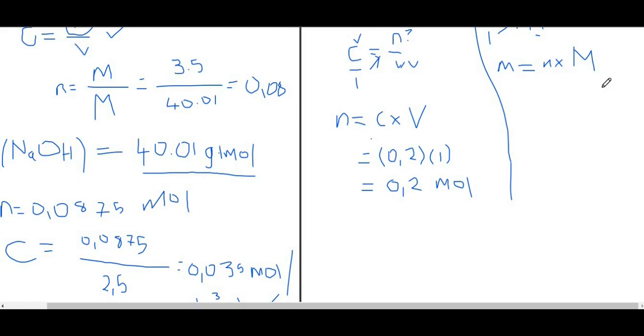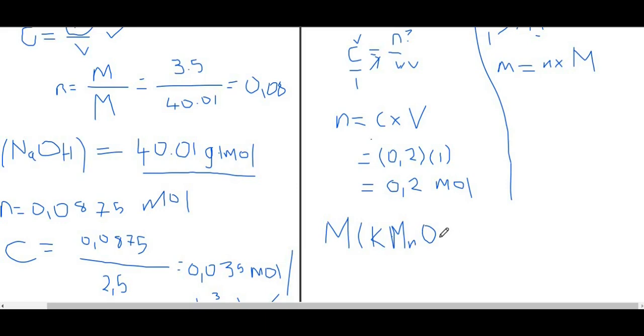And again, if you don't know how to calculate the molar mass of a compound, please refer to previous videos on quantitative aspects of chemical change. So potassium permanganate is going to be KMnO4, where K is potassium and Mn is manganese.